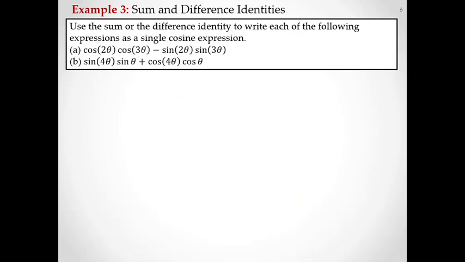Now sometimes we have some questions like this. We give the expansion of some difference or some sum. So look at here. Write each of the following as a single cosine expression. Is it clear?